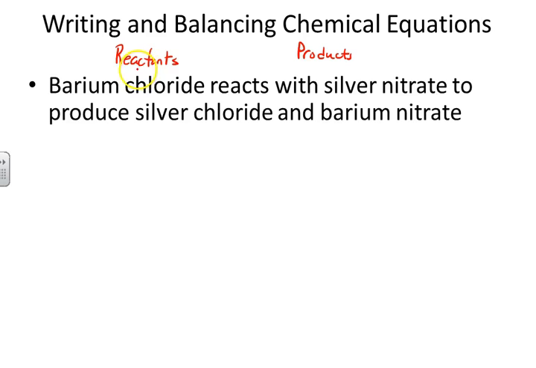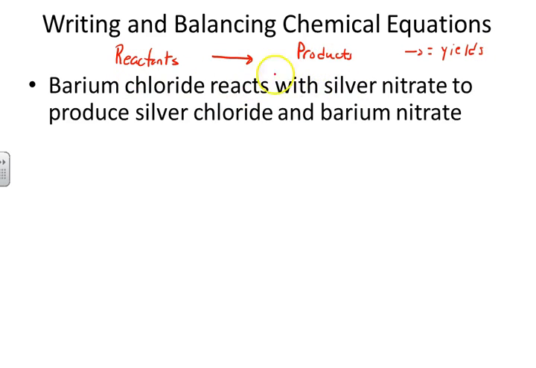Reactants are the beginning materials, the ingredients that go into the change. Products are the end result. We connect those with an arrow pointing in the direction from reactants to products, and this symbol is called yield.